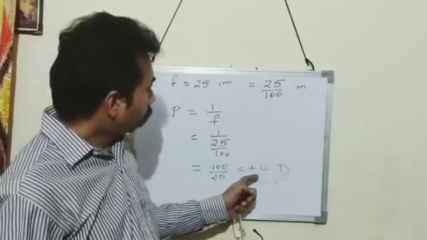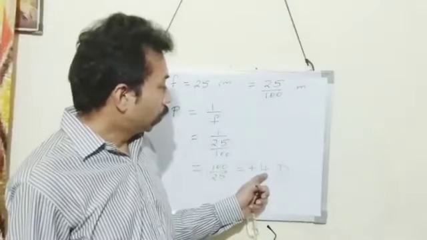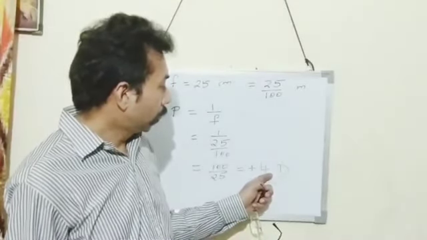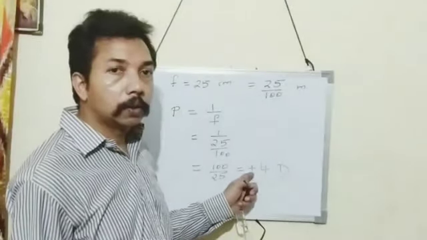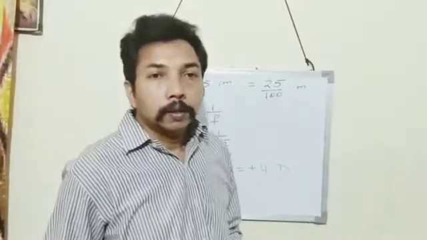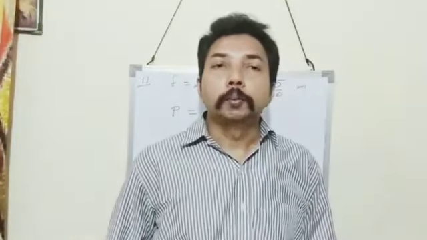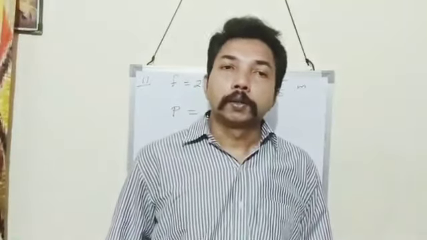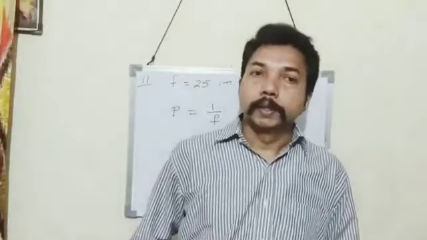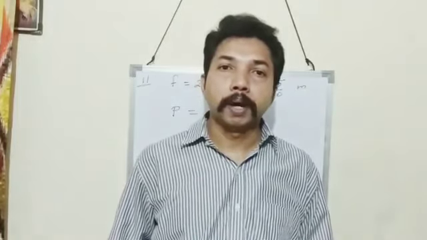So here the power of the lens is 4 diopter and it is a convex lens, so the power is positive. So we have discussed the numericals. You must know the important formulas. That is 1 upon f is equal to 1 upon v minus 1 upon u.